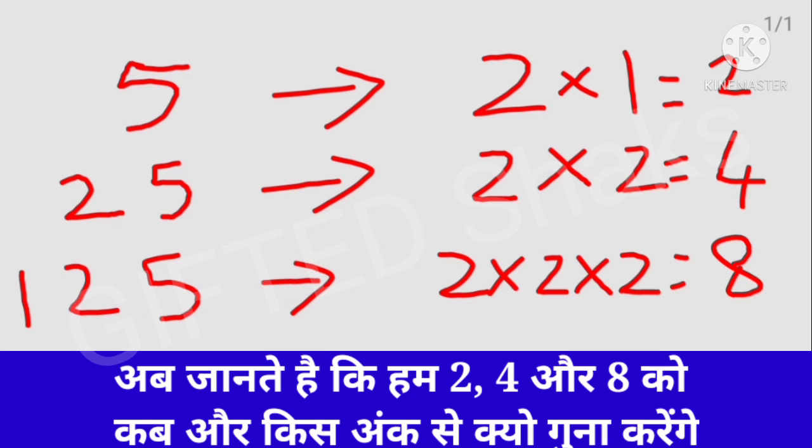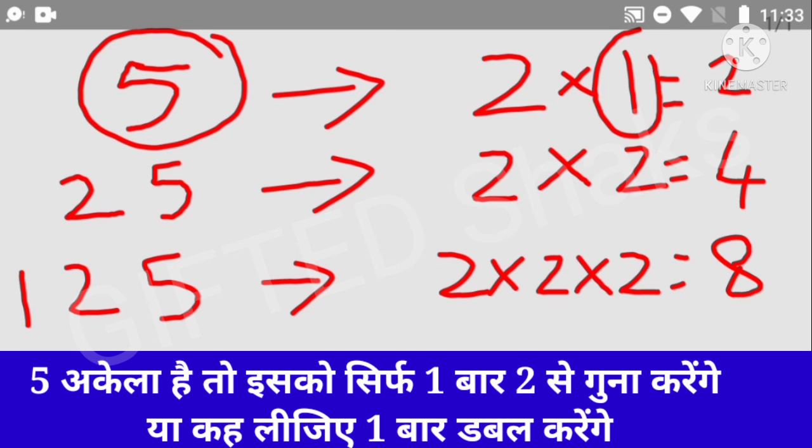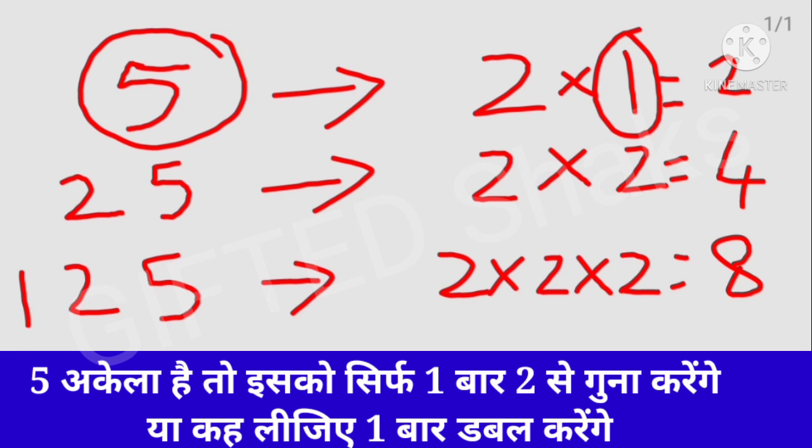See, when you multiply by 5, what you have is 2 multiplied by 1. Why 1? Because this is just one digit, so you multiply this 2 by 1. So you just give it 2, and I've already explained why I multiply this 5 by 2. That is because 1 upon 5 is equal to 2 upon 10.